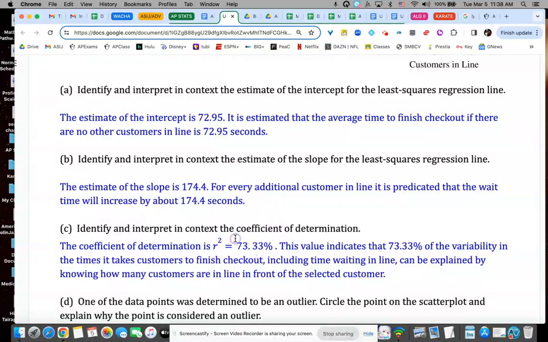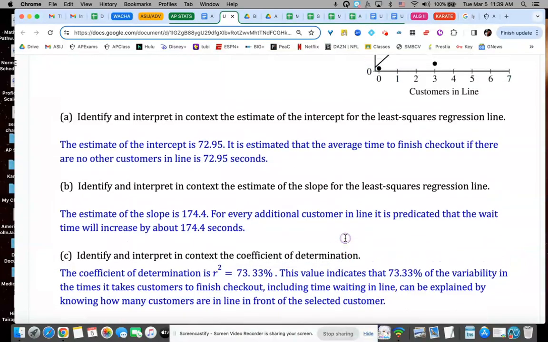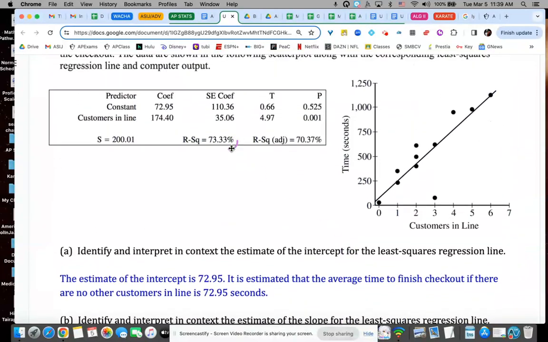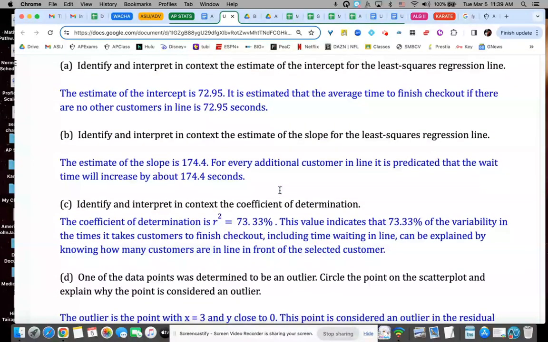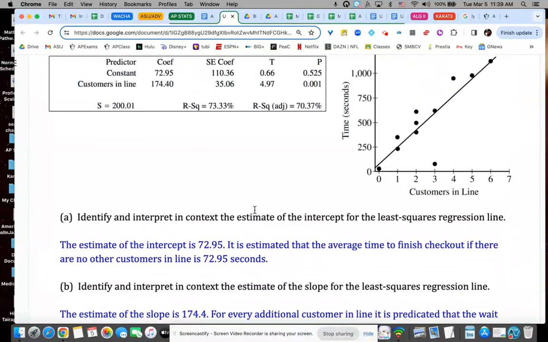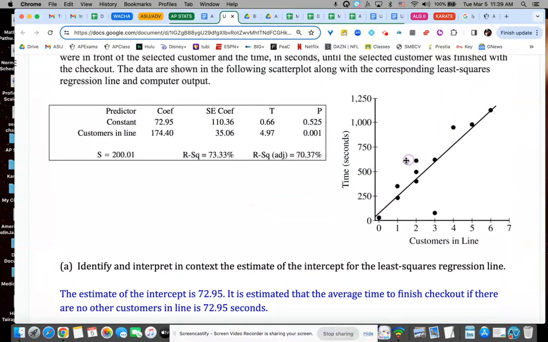Okay, now we're interpreting the coefficient of determination. That's the r squared that you see in the readout here. Okay, so how do we say that? Well, remember, this is the percent of the variation that you're removing because you made this association. So in the beginning, we had variation that started all the way from up here, all the way down almost to zero, right?